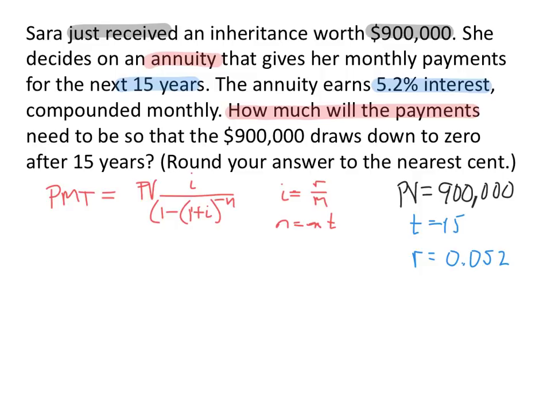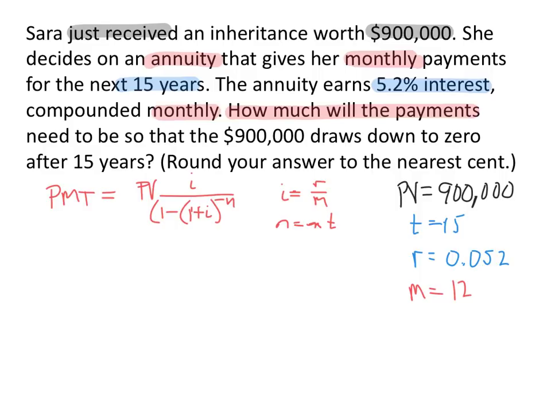And I know that all of this is compounded monthly. Monthly everywhere we go here. So, monthly, my M value compounding 12 times per year.